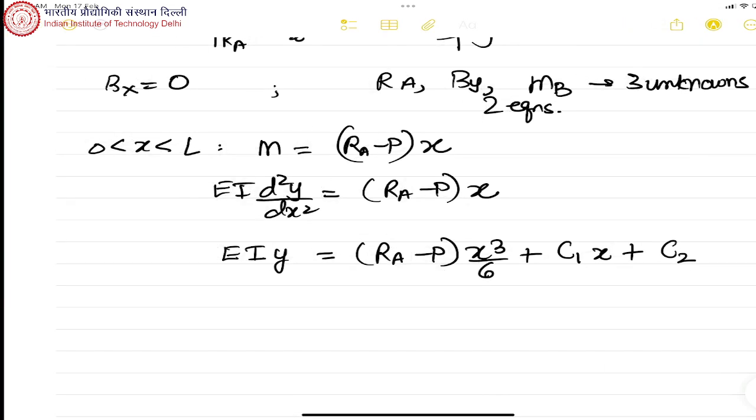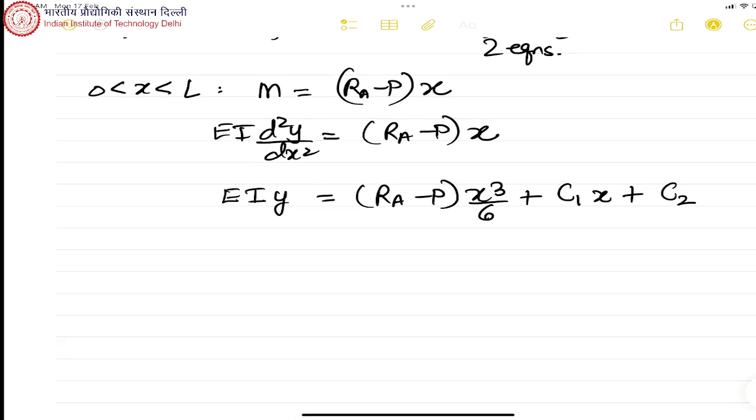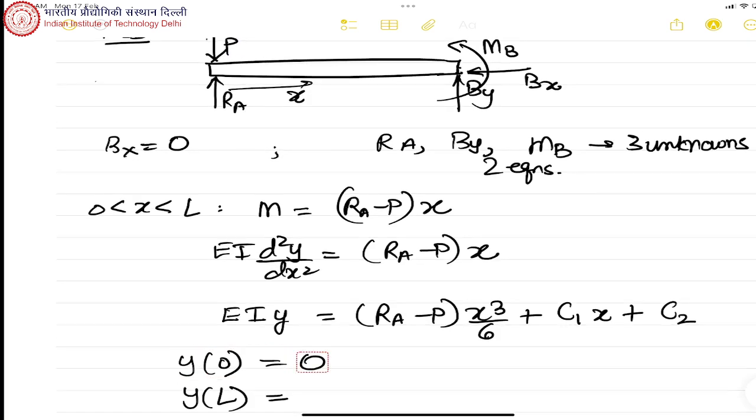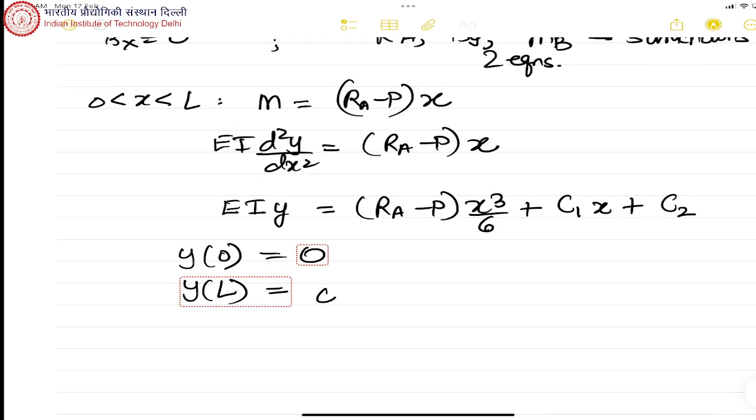And what are the boundary conditions which I have? What is y of 0? This is 0. What is y of L? At x is equal to L, we have a fixed end. So what is the deflection there? 0.